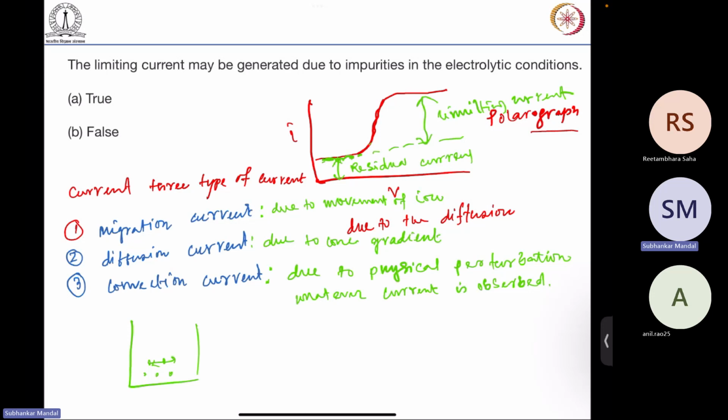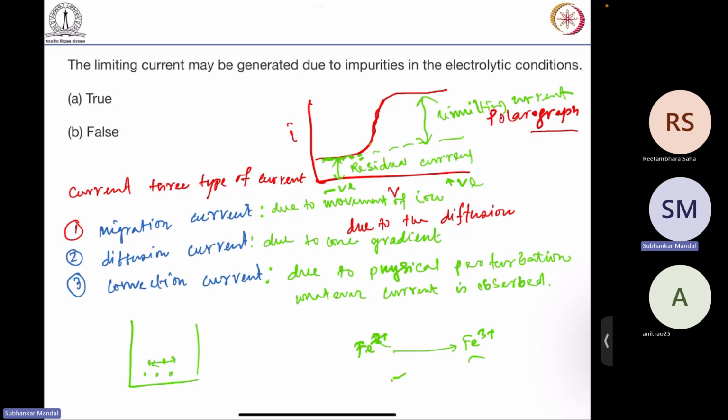Now suppose in your electrolyte some impurity is there, or suppose you have some Fe3+ or Fe2+ complex, which is oxidizing. This is negative and this is positive, so we are sweeping from negative to positive, which means oxidation is happening: Fe2+ is going to Fe3+. Now you are getting this current.